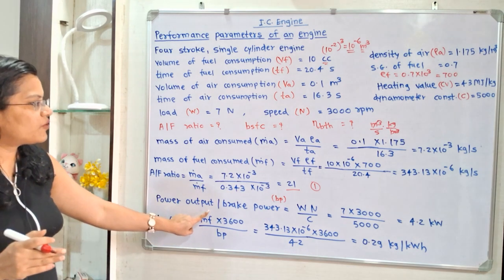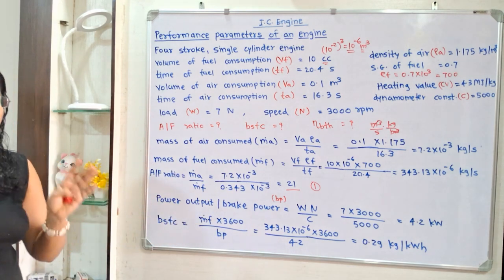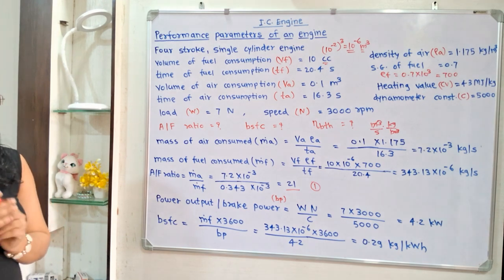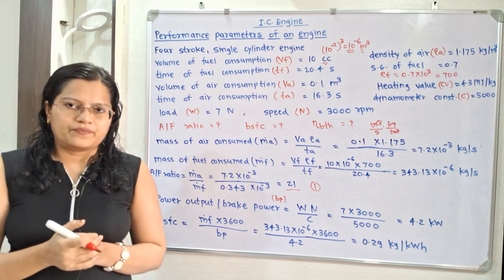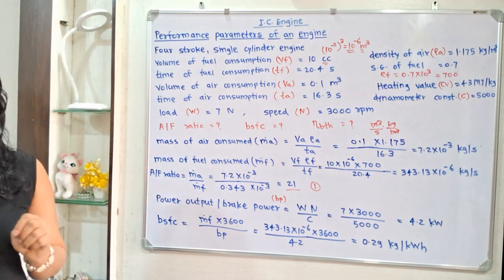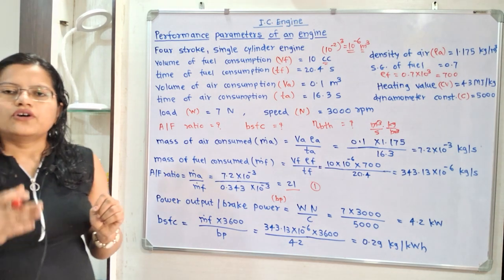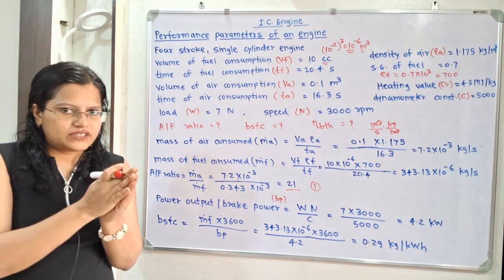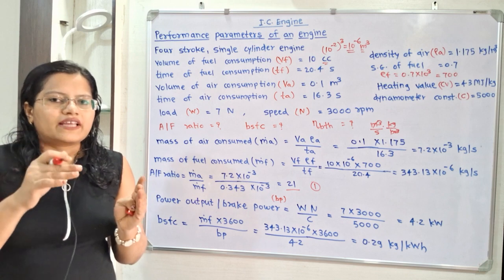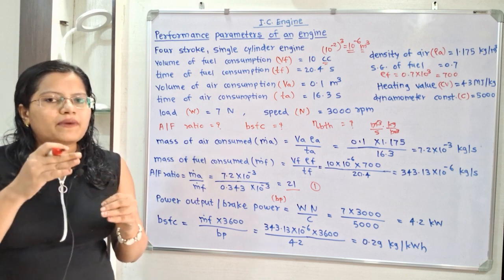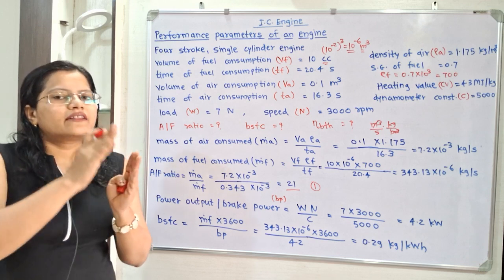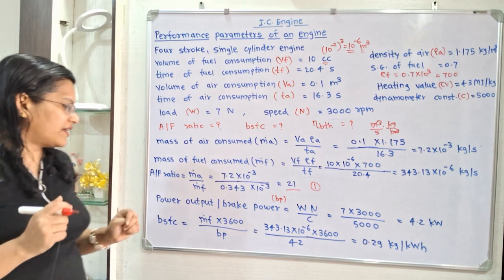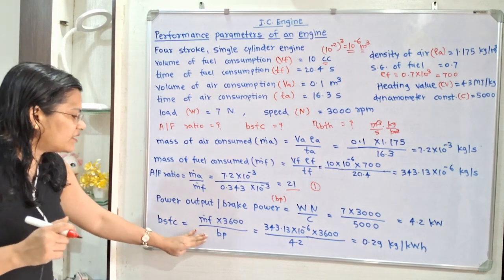Because this mass flow rate of fuel is given in kilogram per second and we have to convert this time, second, into hour. So how to convert this? When we have to convert second into hour, we have to divide by 3600, because in 1 hour there are 3600 seconds.